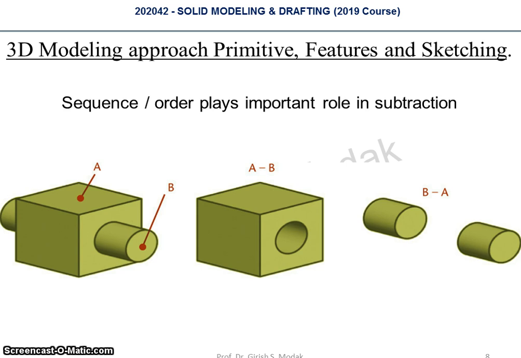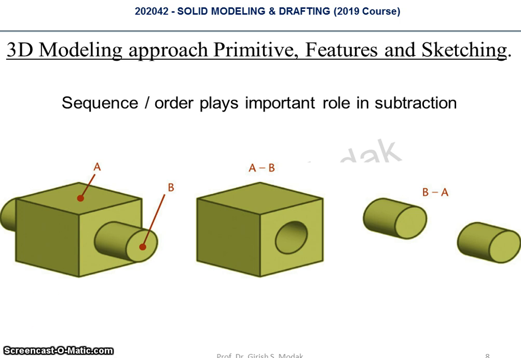When B is subtracted from A, you will get a hole created in the block. But when A is subtracted from B, you will get two different branches of the cylinder and the central part will vanish. So whenever Boolean operations, especially subtraction, are to be performed, the sequence is very important.